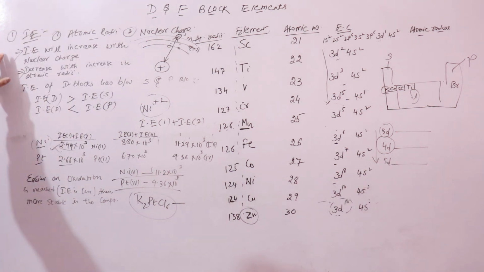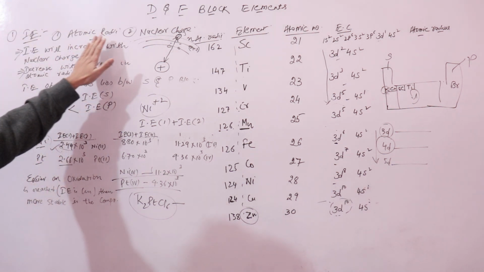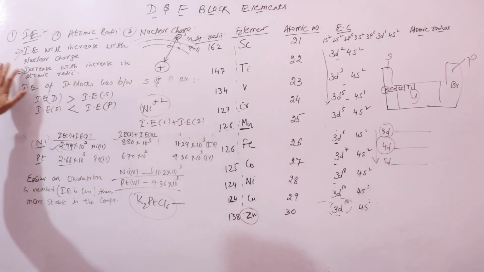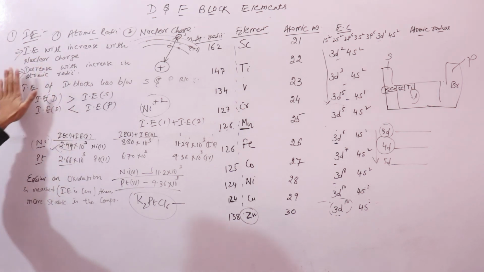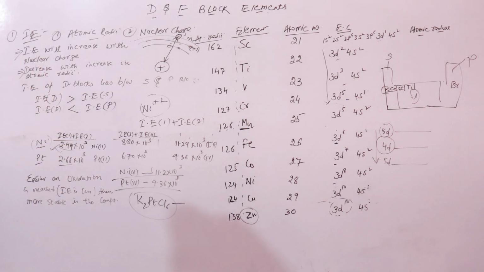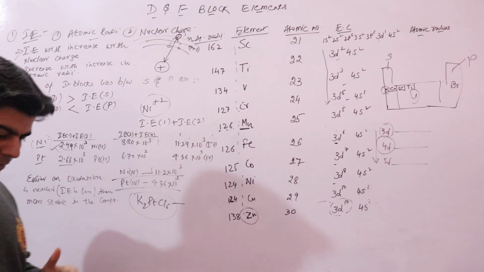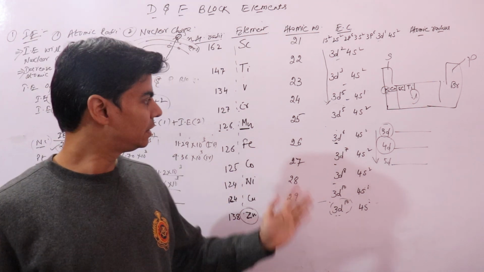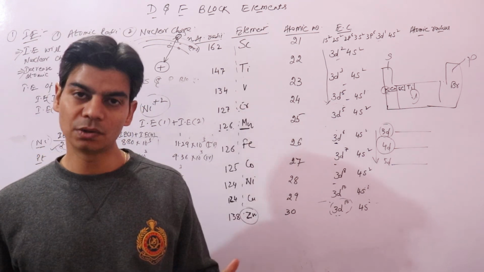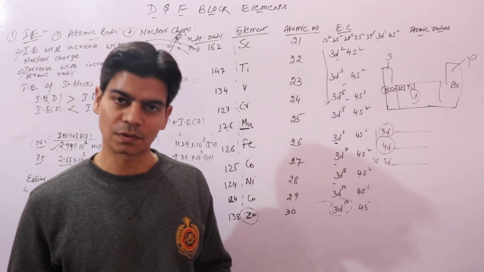So we have discussed here ionization energy, how it depends on atomic radii and nuclear charge. Ionization energy will increase with nuclear charge, decrease with atomic radii, and it lies between S and P block elements. The increase in ionization energy in a series is not very regular due to the shielding effect of d electrons, right?